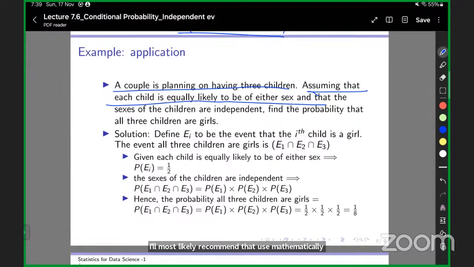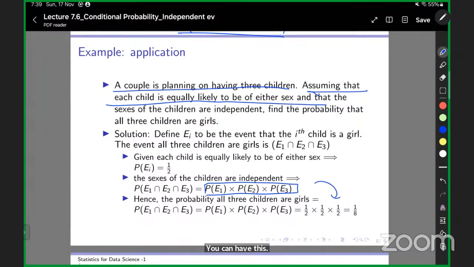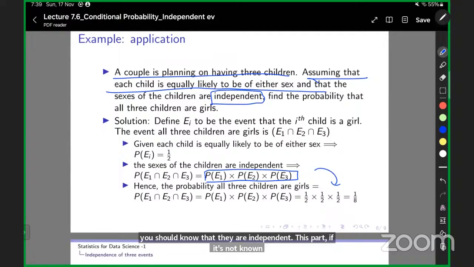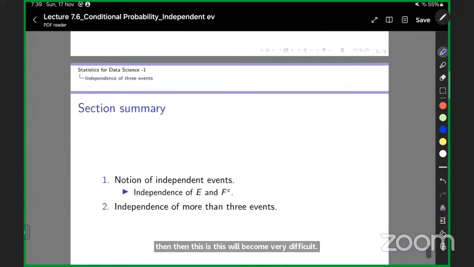Since you can use this formula, you multiply all of them and you will get 1 by 8. It's a very easy question, but you should know that they are independent. If that is not known, then this becomes very difficult and maybe not solvable.